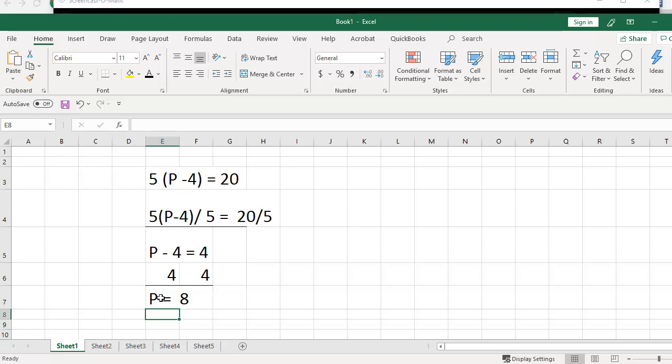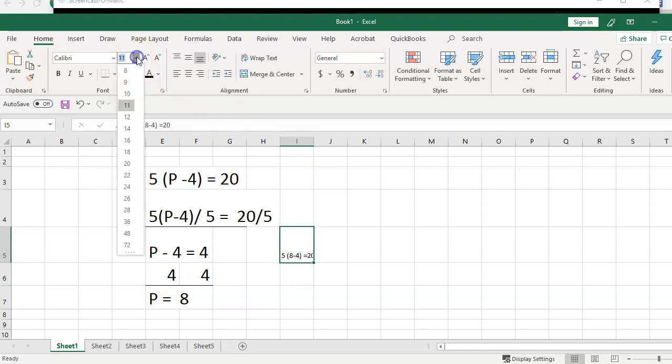Now, one thing we haven't done, but what I recommend that you always do, is check to make sure that your answer is correct. So if I put 8 in for p, it should solve this equation. Want to try that? Let's do it. So if I put 5 times 8 minus 4 equals 20, the question is, is this expression correct?